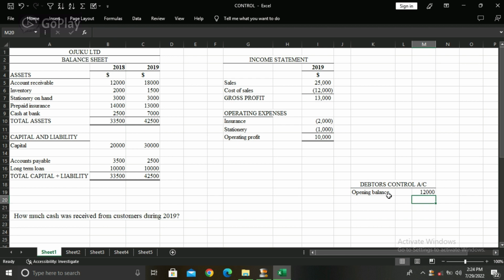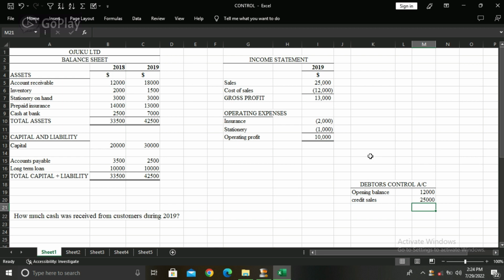Now, to this opening balance, you add the current sales, because our customers were owing us 12,000 in 2018, as indicated here. Then during the year 2019, moving to our income statement, we sold additional goods of 25,000 to them. So we add our credit sales, which is 25,000 here.